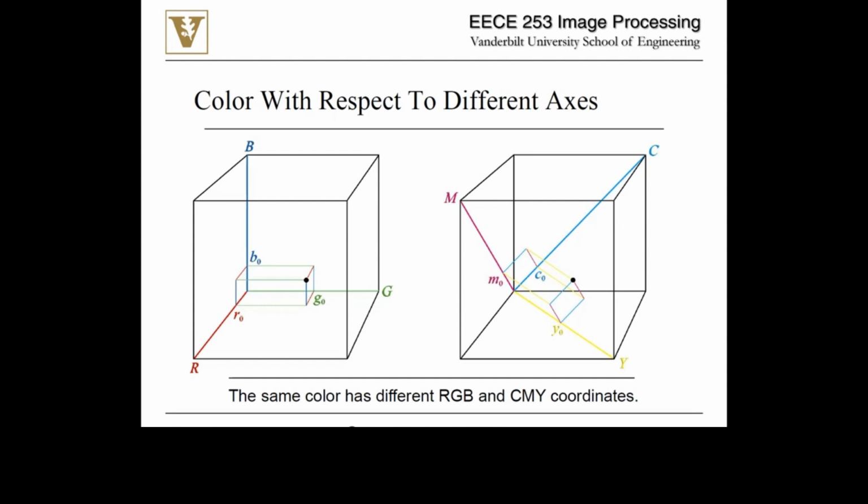But if you want to reach the same point, now following a different basis, then whatever you have to travel is different. So there will be some different traveling instructions. You have to travel C0 in this direction, and then you have to travel Y0 in this direction, and then M0. And now you have reached the same point.